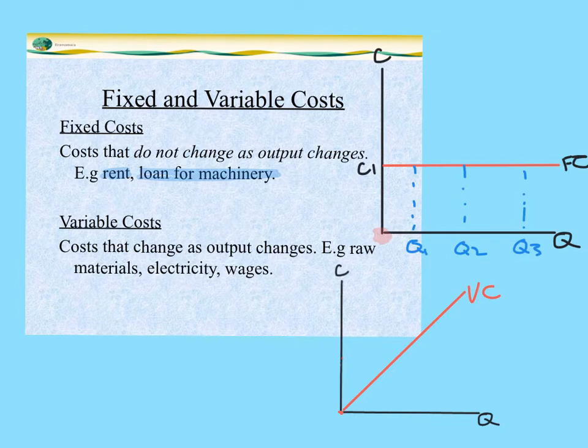But if we go to Q1, we start to see an increase in costs. If we increase production to Q2, again we have a further increase in costs because of the increase in the need for raw materials or electricity or wages and so on. And the same if we go up to Q3.